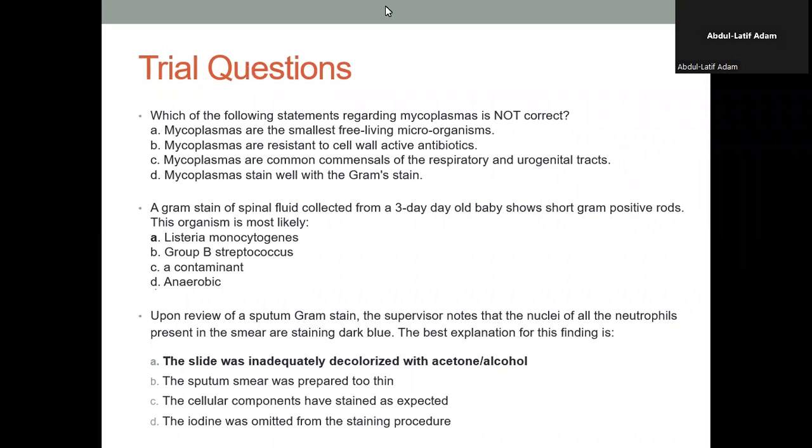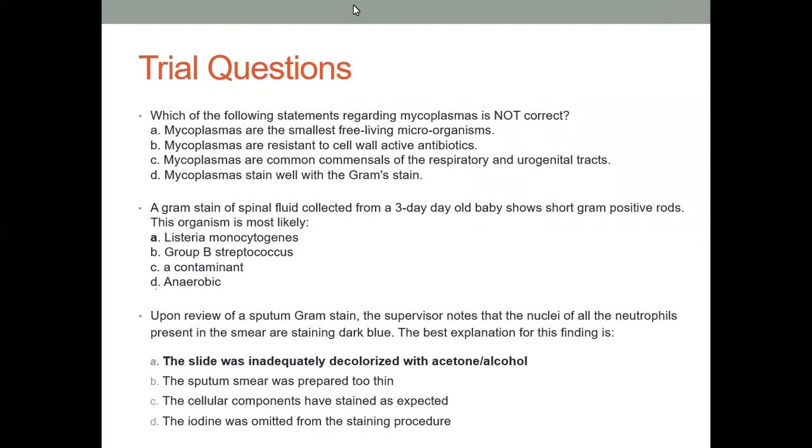We are all discussing, please. Mycoplasmas are the smallest free living microorganisms. Correct or not correct? Yes, Portia.